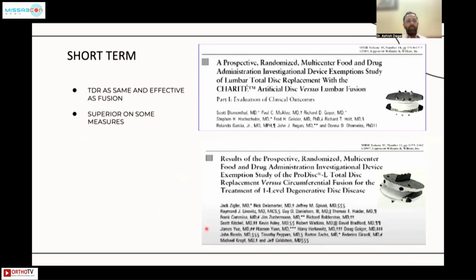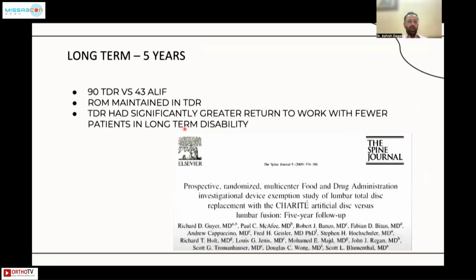Coming to the outcome, when these trials were started, the short-term outcomes in the TDR group were the same as, and as effective as, fusion. And some outcomes were superior on some measures. Richard et al. published a 5-year follow-up with 90 TDRs compared to 43 ALIFs during the same period.